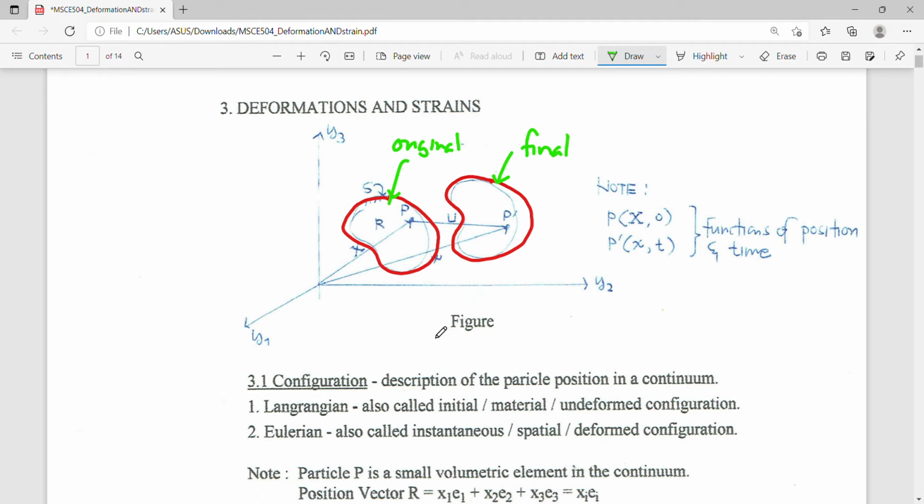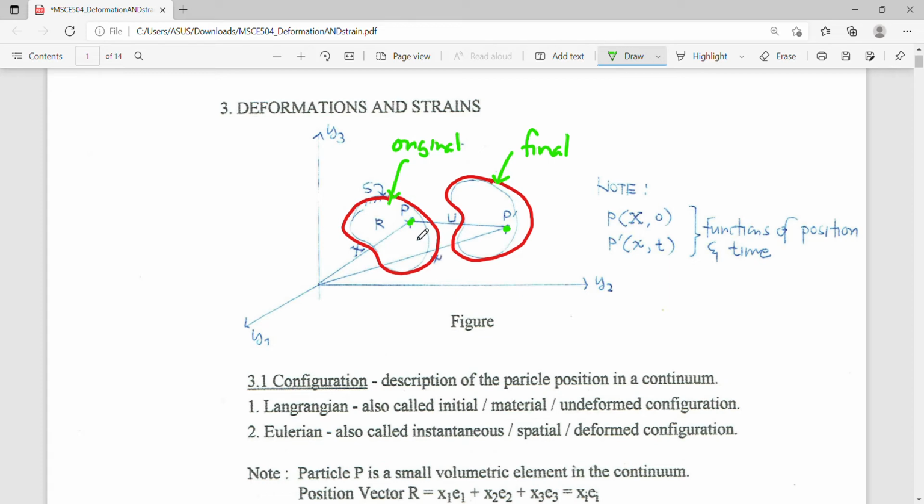So let us consider now a point P, a particle point inside the body being displaced at a distance u.